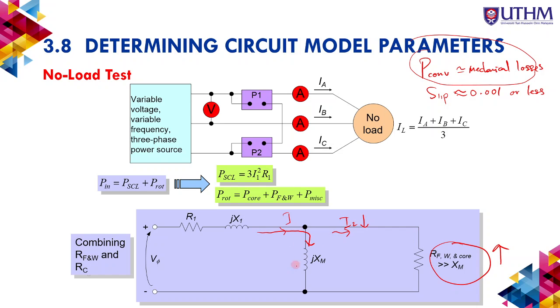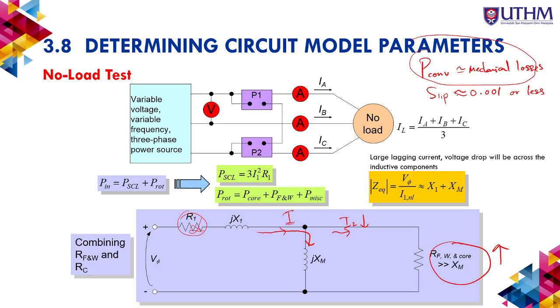In the equivalent circuit, the equivalent input impedance approaches approximately the reactance, since the current flowing to the inductive component is very high and lagging. So R1 over here can be neglected also.